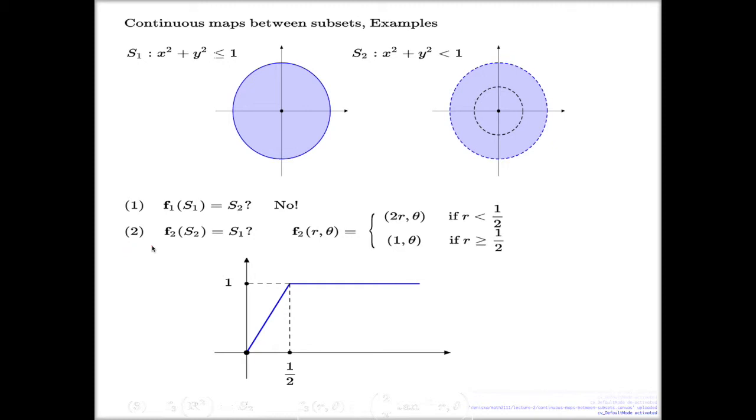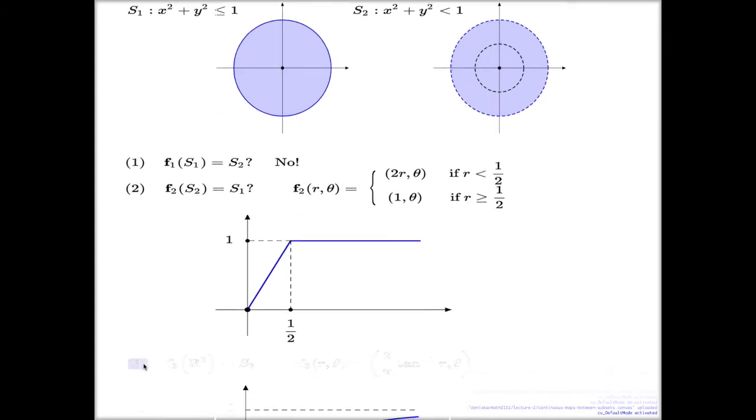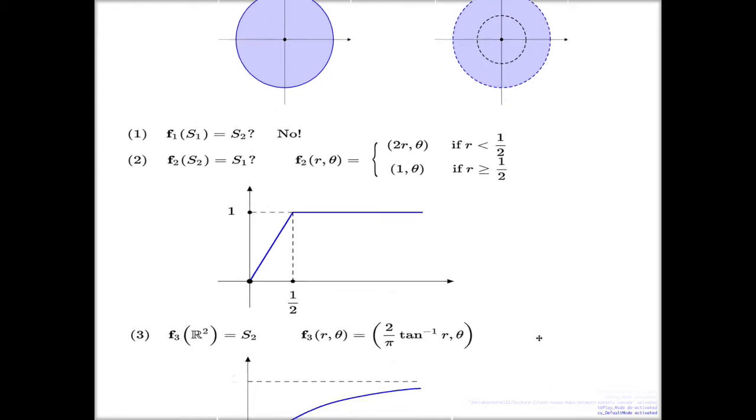Right. Question 3, I have it on this slide as well. It's a question whether you can take the whole plane into S2, whether you can squeeze the whole plane into this disk without a boundary. Again, the answer is yes. It's a rather standard construction, again given in terms of polar coordinates.